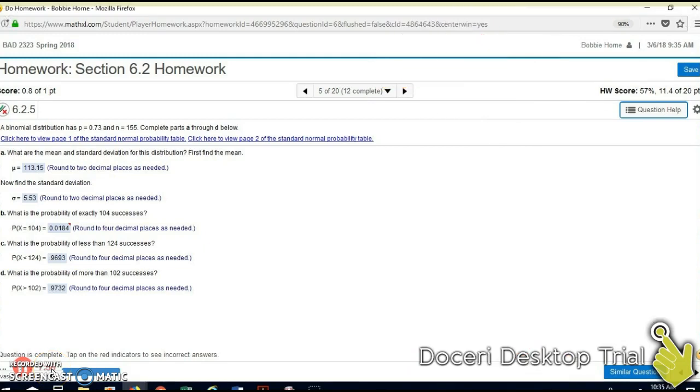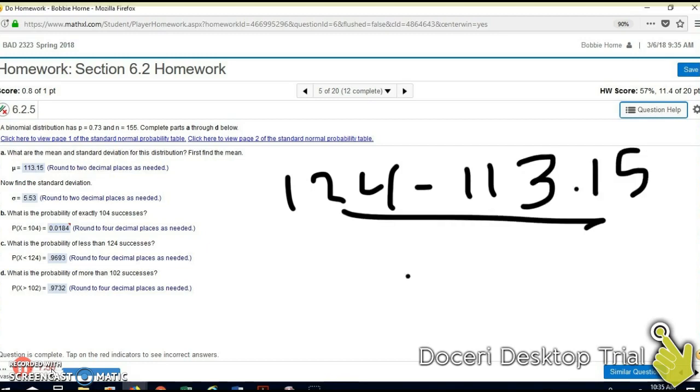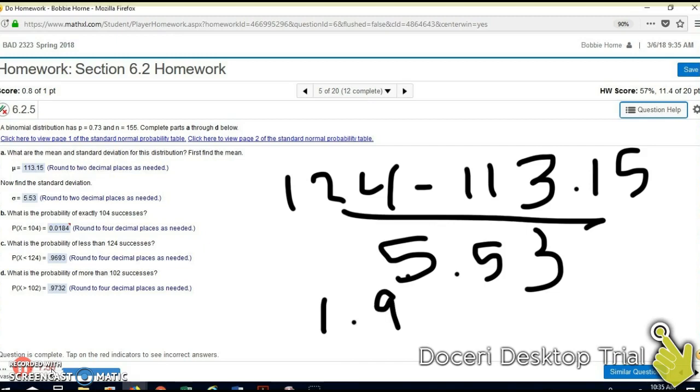Okay, the probability of less than 124 successes. Less than is pretty easy because you just look up the value in the table. So let's see if I have that one worked. If I don't, I can just work it real quick. So you would have 124 minus 113.15 divided by 5.53, and you get 1.96.